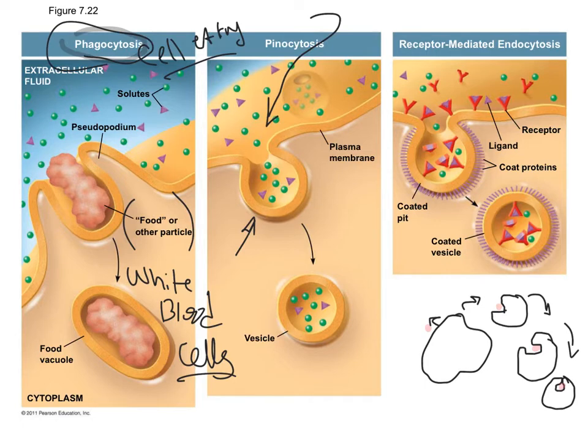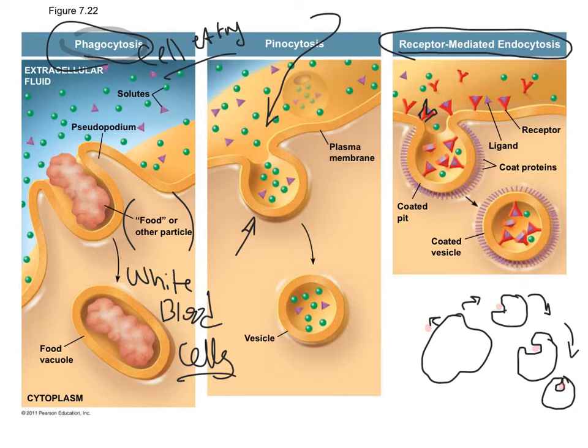The other one that I want to point out is receptor-mediated endocytosis. This is actually a little bit of what I was describing, because cells have to know that something's going on. But in this example, you have a very specific receptor on the outside of the cell membrane.